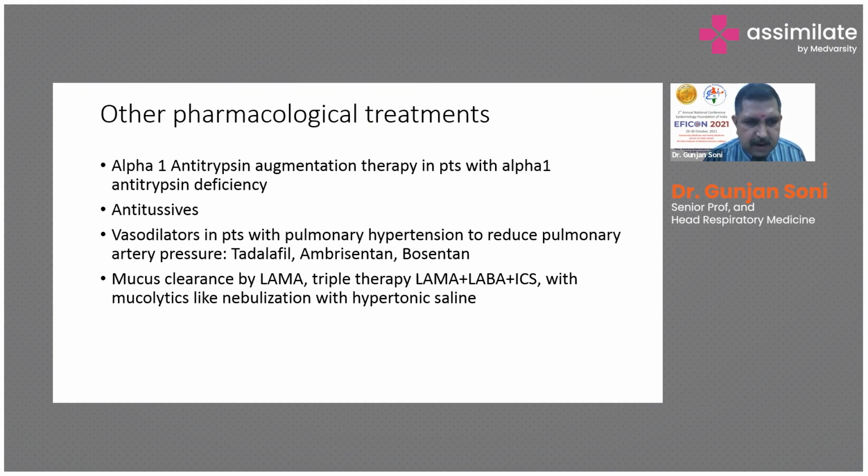The vasodilators in patients with pulmonary hypertension to reduce the pulmonary arterial pressure, such as tadalafil, ambrisentan, and the bosentan, can be used to reduce the pulmonary arterial hypertension. Mucus clearance by LAMA triple therapy with mucolytics and nebulization with hypertonic saline is always better.